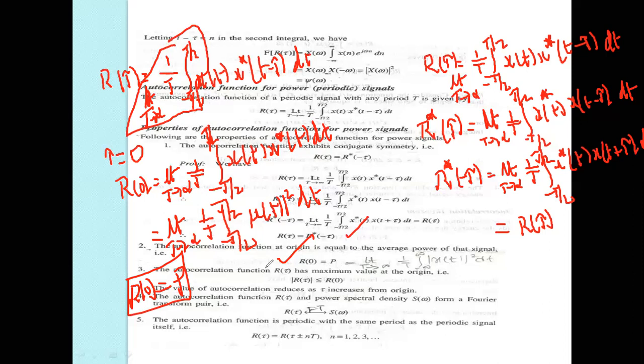Take the signal x of t, another signal x of t plus tau, combine the two functions, and it is greater than or equal to 0. So only the limit t tends to infinity, 1 by t, the integral from minus t by 2 to t by 2 is written. Then the third property is also the same.